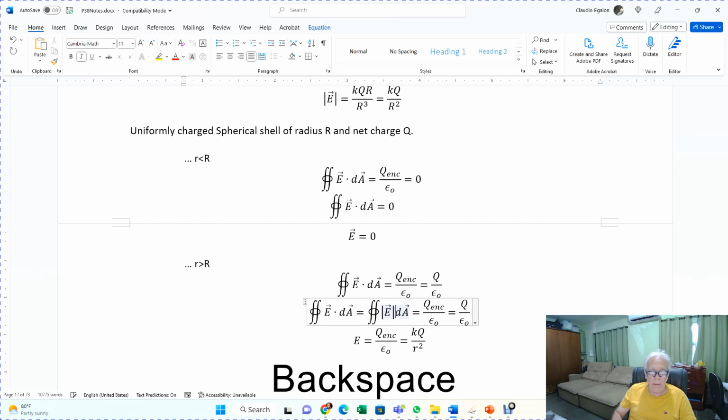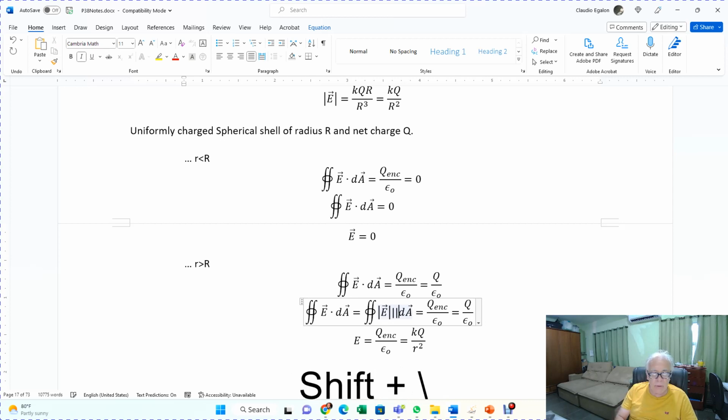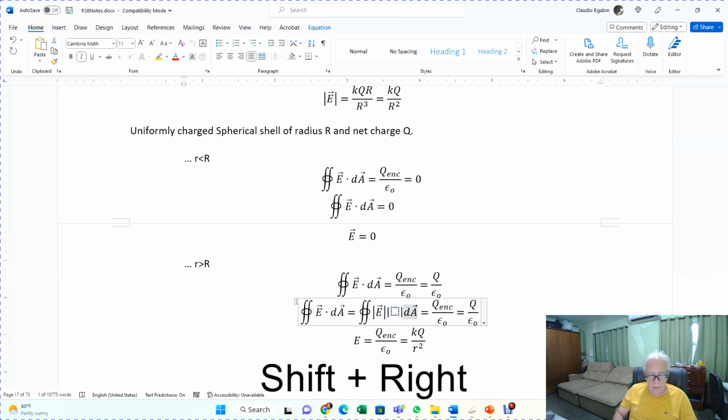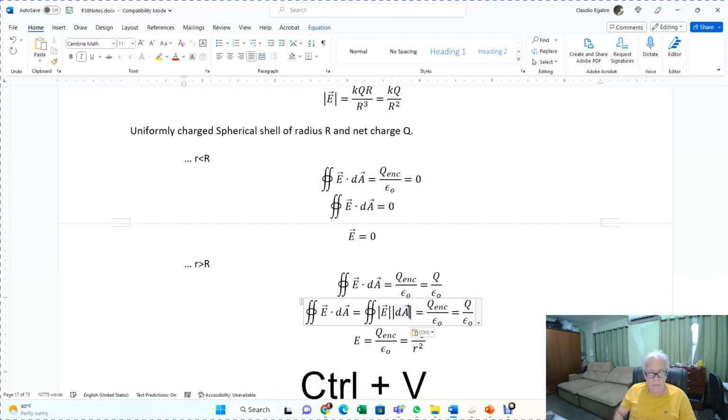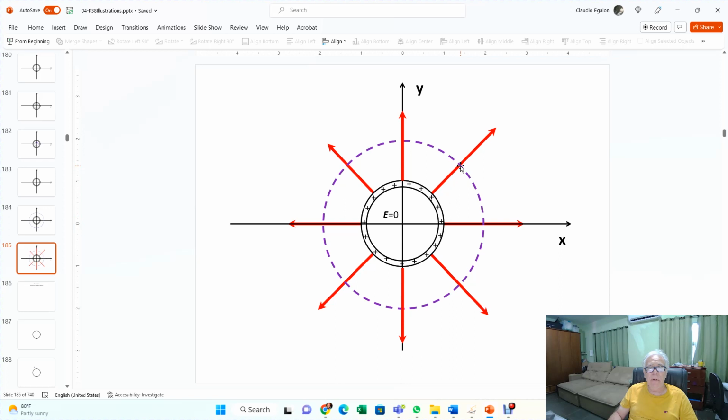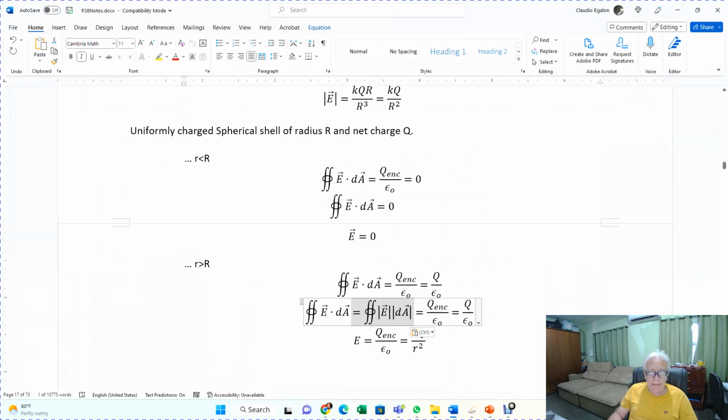We no longer have the dot product here because the area vector is parallel to the electric field. Just like before, the magnitude of the electric field at this point is going to be the same as the magnitude at this point. And again, that's because of the symmetry of the problem. Consequently, the electric field can be taken out of the integral.